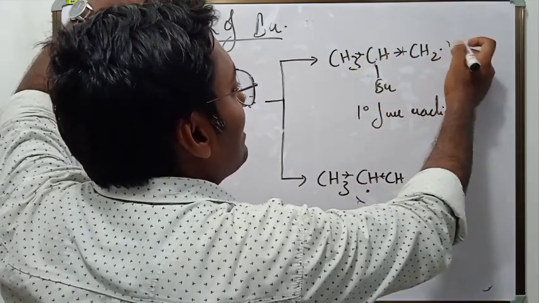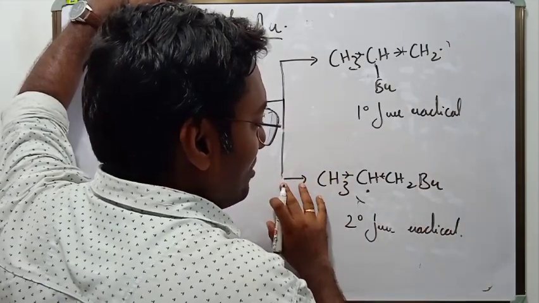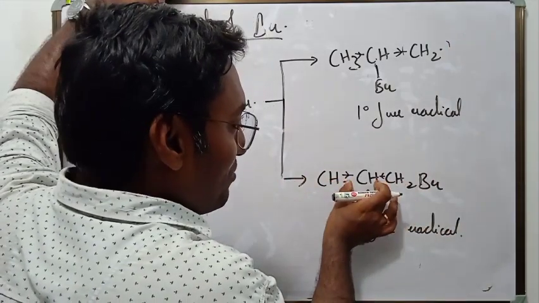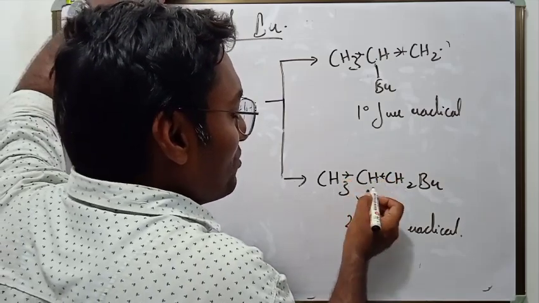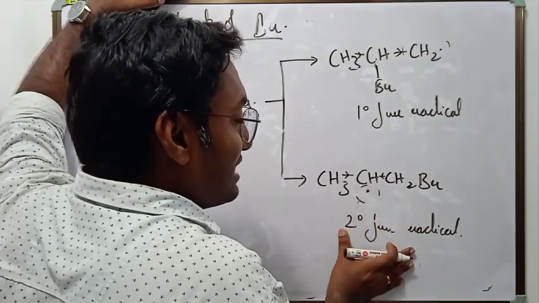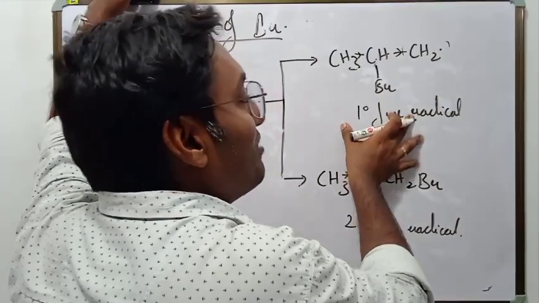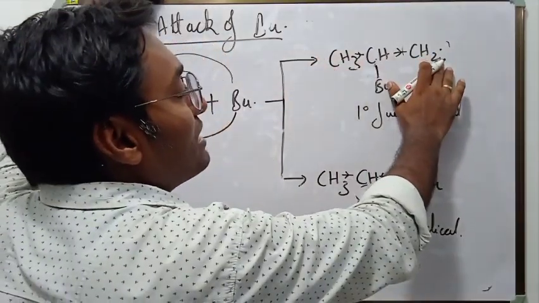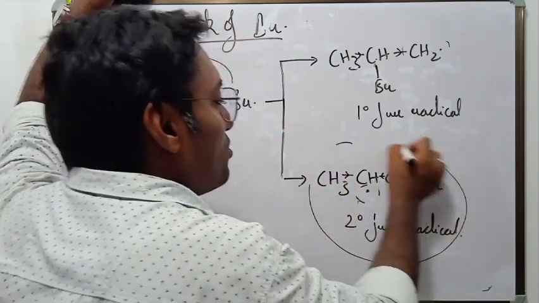Therefore, secondary free radical is more stable because the electrons are pumped from both sides, and therefore the deficiency of one electron is somewhat compensated for, while that is not the case for primary free radical where the pumping is only from one side.